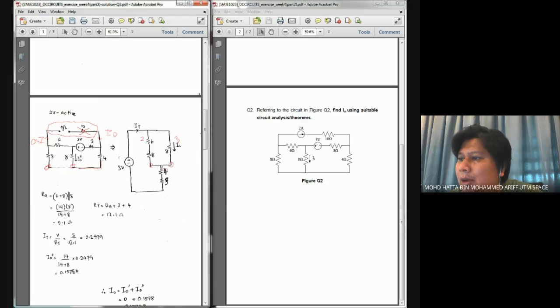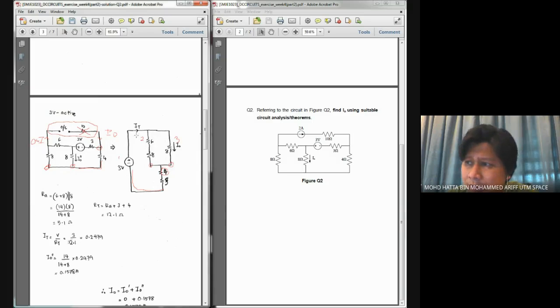After that 4 ohm resistor, we also have 2 branches. The first branch is considered negligible because of open circuit, and the second branch is this 3 ohm resistor. And after the 3 ohm resistor, it gets back into the negative terminal of our voltage source.